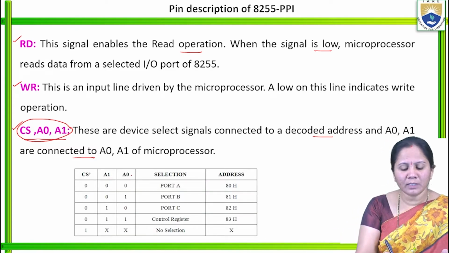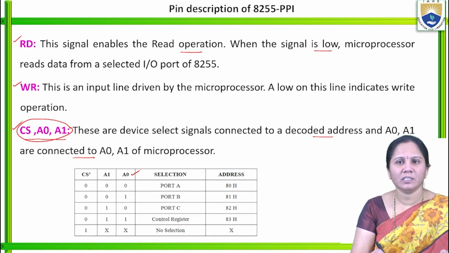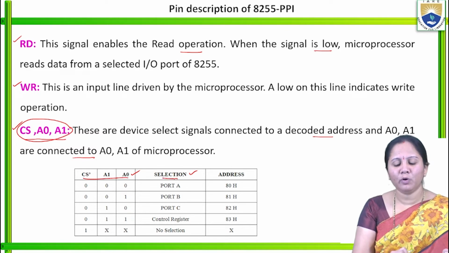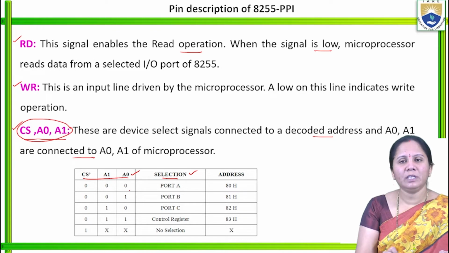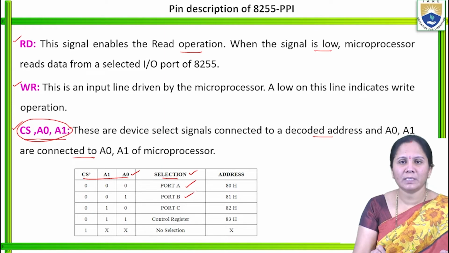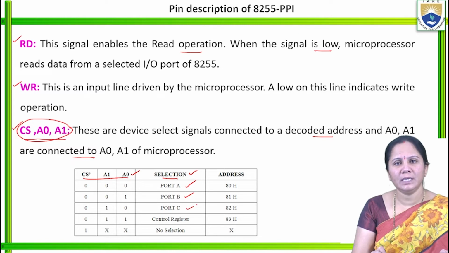If you see here, these are the A0, A1 and CS bar bits. Using these three bits, the port selection will be done. If the three bits are 000, port A will be selected. If the three bits are 001, port B will be selected. If it is 010, port C is selected.